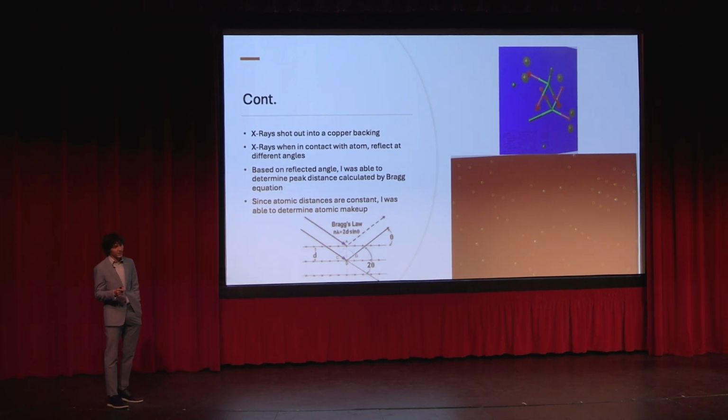And in atoms, all their radii are the same. Every single atom has a radius that's identical, and it's held constant. And the distance between two atoms is always held constant, which means that if we can know the distance between two atoms, we can know where they lie and where their atomic position is.